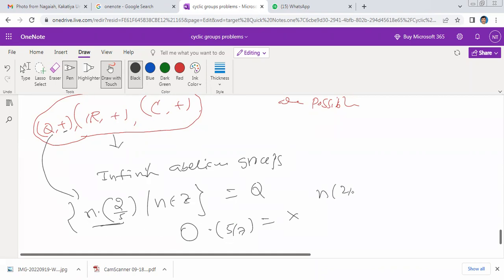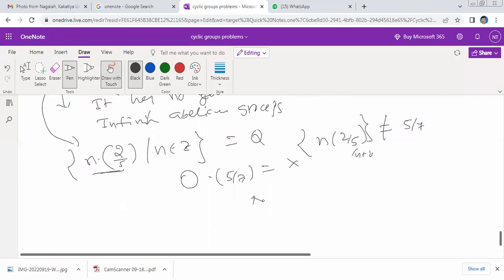N times 2/5 does not give the number 5/7, where n belongs to Z. Therefore, Q under addition is not a cyclic group, it has no generators. It is not a cyclic group. Do you follow?